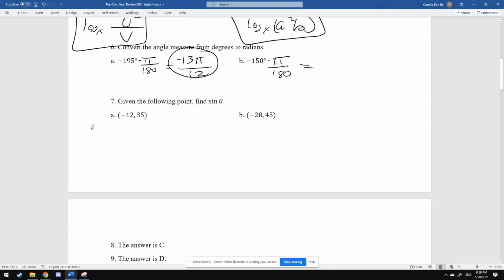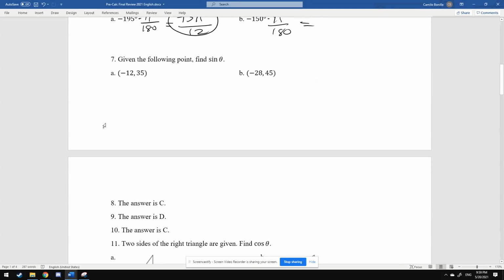All right. So number 7. Given the following point, find sine. So in this case, sine is the y value divided by r. So to find r, the formula for r is the square root of x squared plus y squared.